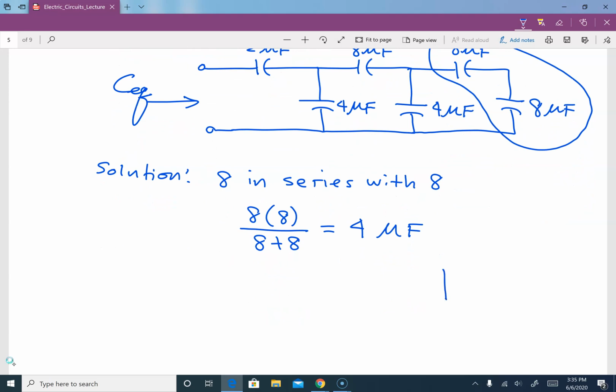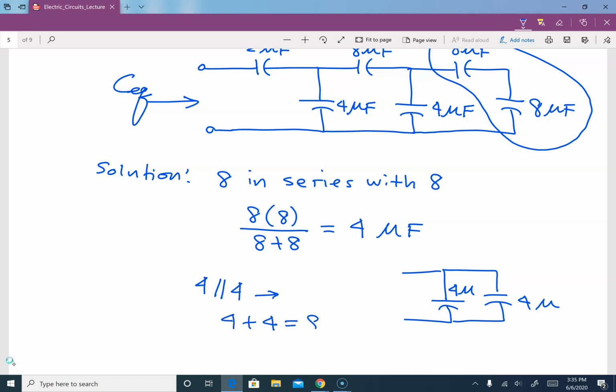So now we will have this. This is 4 micro, and this over here is 4 micro. So we can say 4 parallel with 4. Then we will say 4 plus 4, that is 8 microfarad.